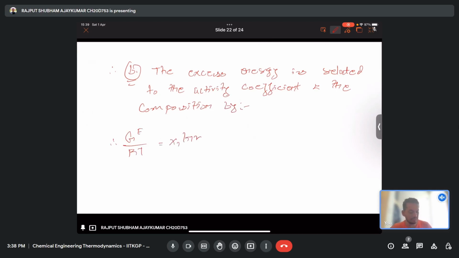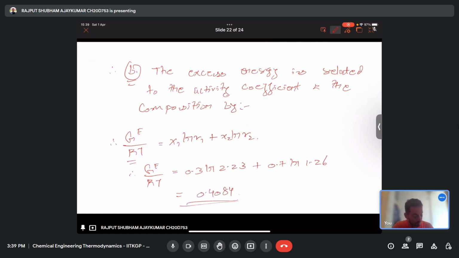We have already seen this equation, one of the well-known equations used in thermodynamic consistency, and how to identify it. So this term we have to identify. Therefore, G excess by RT: x1 is 0.3, the activity coefficient gamma 1 is 2.23 from the previous solution, and x2 is 1 minus x1, that is 1 minus 0.3 is 0.7, ln of gamma 2 with gamma 2 as 1.26. So this comes out to be 0.4084. This is the final answer.